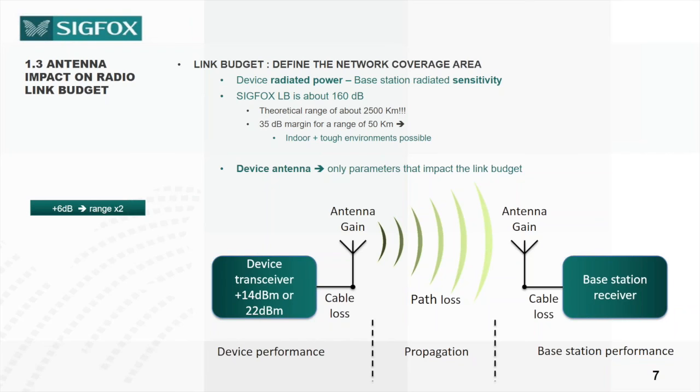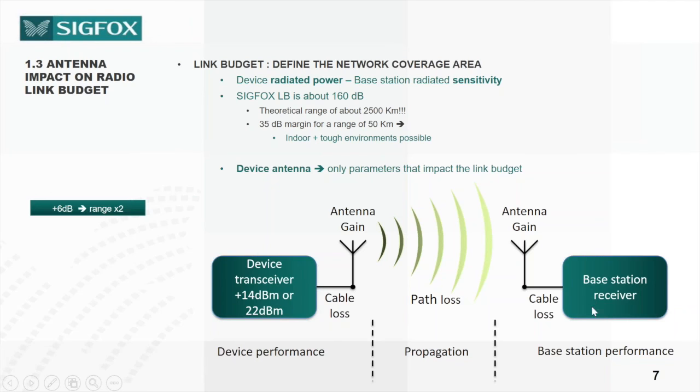So if we look at the picture at the bottom of this slide, we have on the left hand side a device with a transceiver and an antenna, which transmits a certain amount of radiated power. Then we have the propagation, in which we know that we are going to lose some energy.